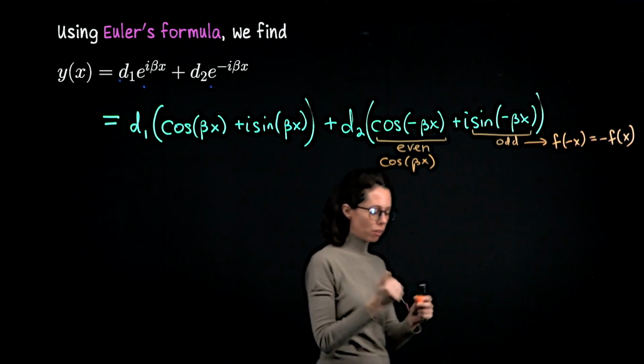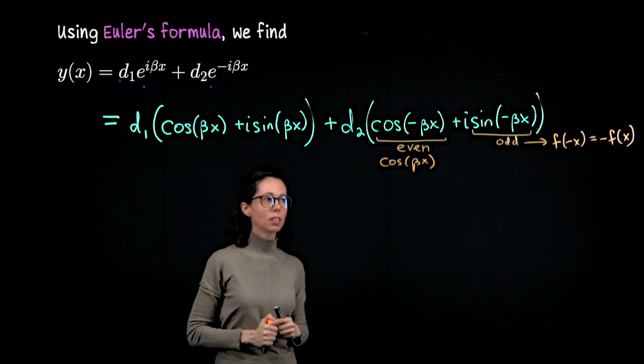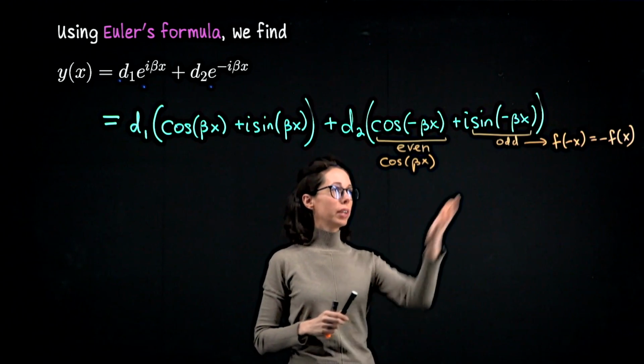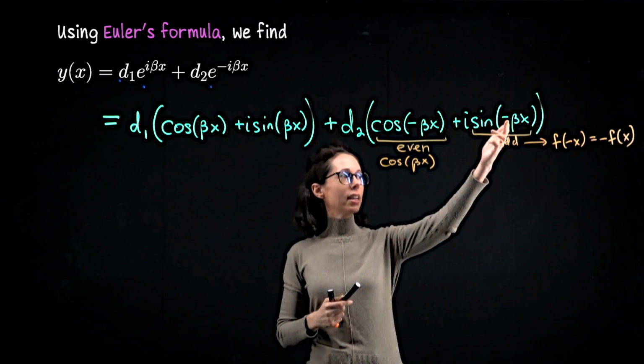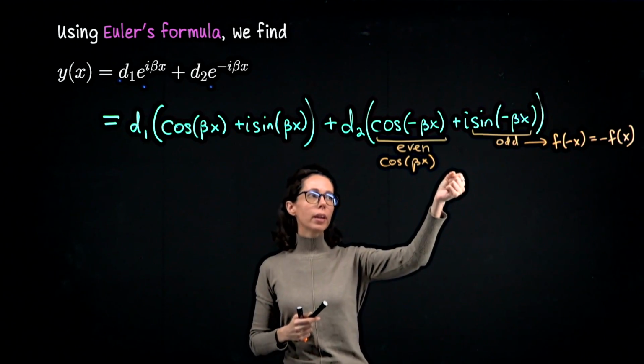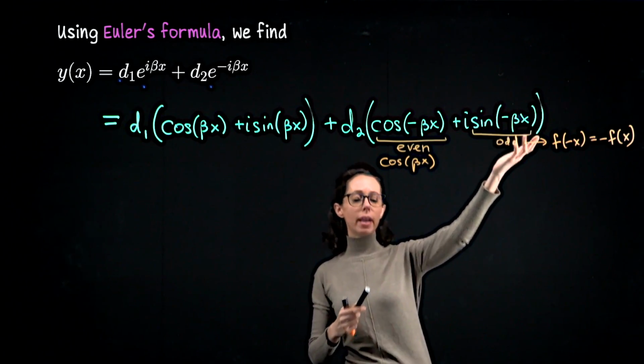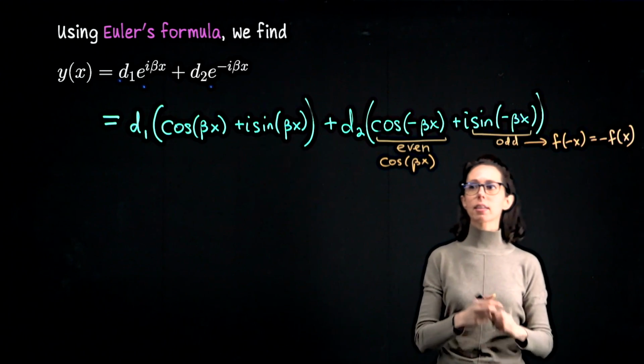That's the general way to describe an odd function. So when we realize that sine is odd, what that means is that sine of negative beta x can be rewritten as negative sine beta x, negative 1 times sine of beta x.